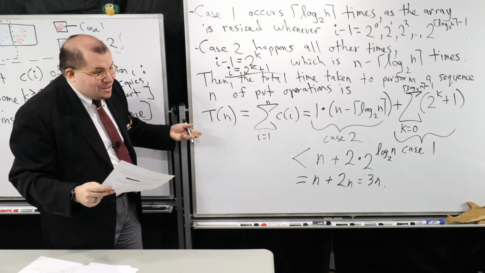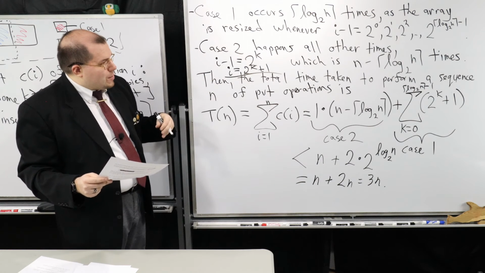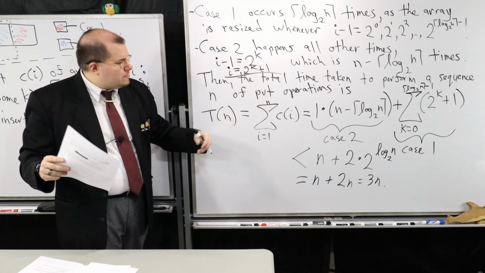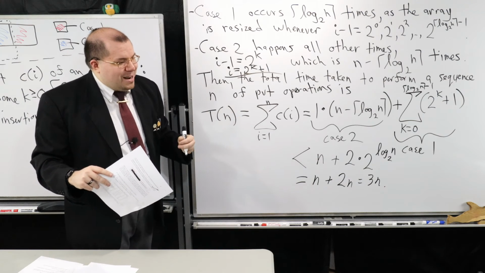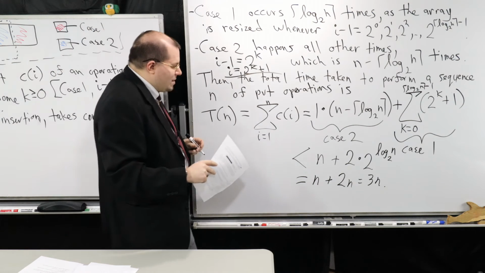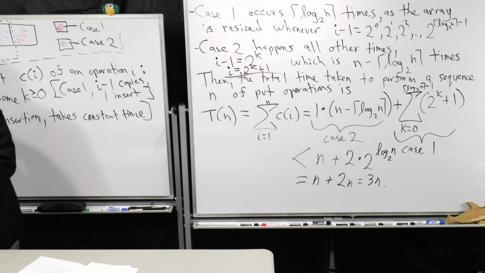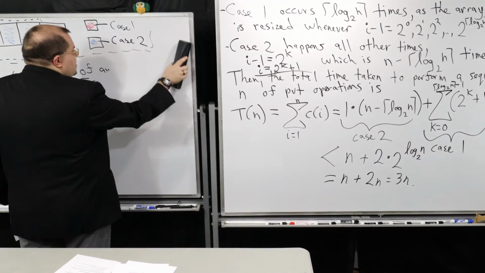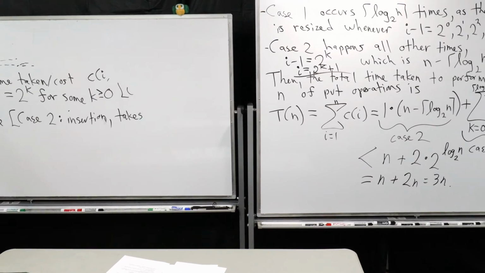It sort of matches your intuition anyways, because if you had a whole bunch of these operations occurring, remember, I'm looking at the total cost of all of them. I haven't computed the amortized complexity yet. So you should expect something that looks kind of linear if I perform some n number of operations, right? So let's go back over here, and let's wrap this up, because we still have the amortized complexity to calculate.